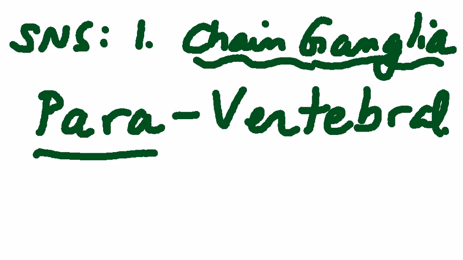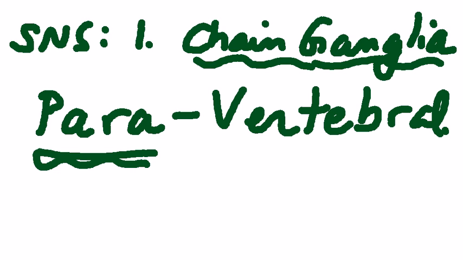These paravertebral or sympathetic chain ganglia are located alongside, flanking, lateral to the spinal column or the vertebral column. When you call them the paravertebral ganglia, you're reminding yourself that they're located alongside, adjacent or lateral to the vertebral column, which also helps you to remember that they're paired.